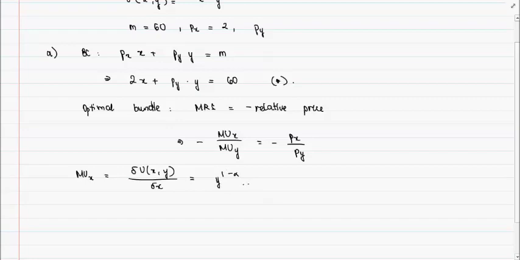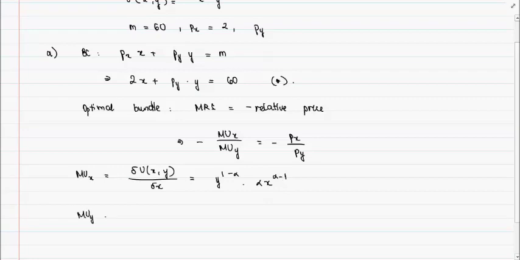If we differentiate x to the power alpha with respect to x, we apply the power rule, where we move alpha to the front times x to the power alpha minus 1.